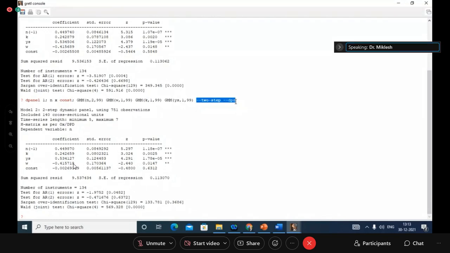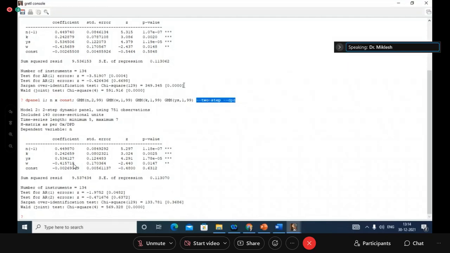Again, I'm repeating. The moment you write two-step here, what it does at the back end is this: you are writing two-step, but first it applies one step, it gets the residuals, and those residuals are used in this two-step. That's why this gives you a more refined result than the one step.